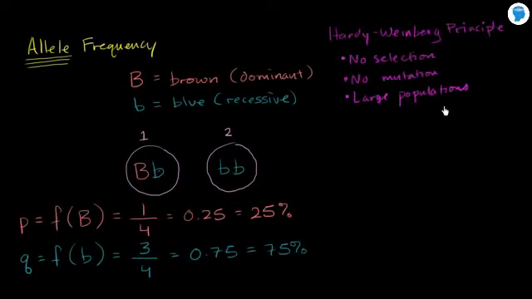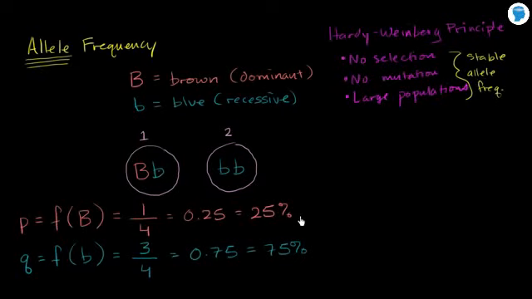We're going to assume large populations, so many, many, many. If you have very small populations, you can imagine that depending on how these reproduce, it's very easy to get changes in frequencies. But in larger populations, that helps us make the assumption that we have stable allele frequencies. So once again, this is all so that we have stable allele frequencies.